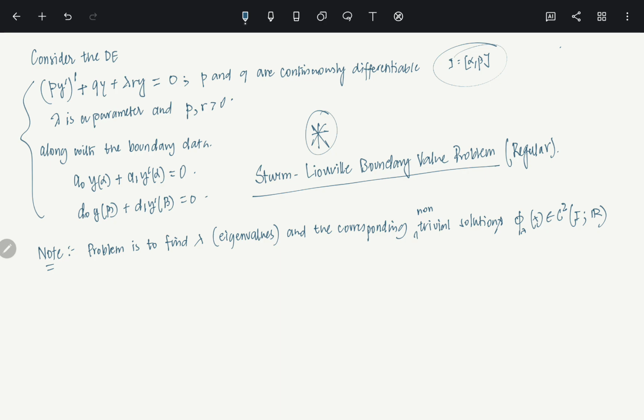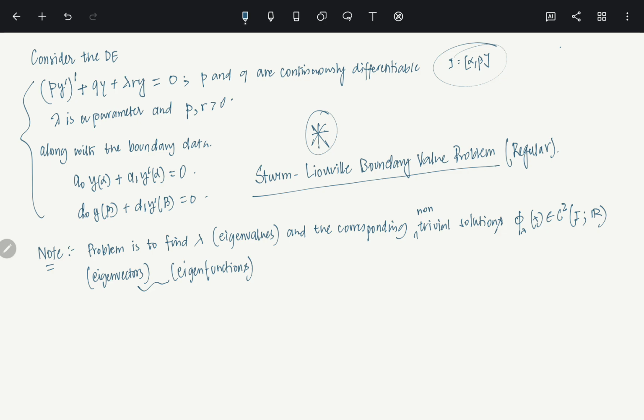A non-trivial function like this will be called an eigenvector, or eigenfunction also. It's not a problem. Synonymously, it is also called eigenfunctions. So I am going to call it eigenvectors or eigenfunctions, whatever. Everything is fine.